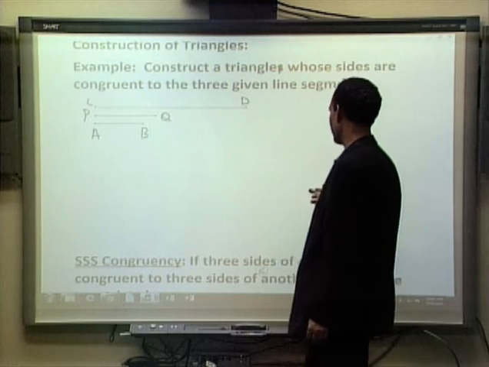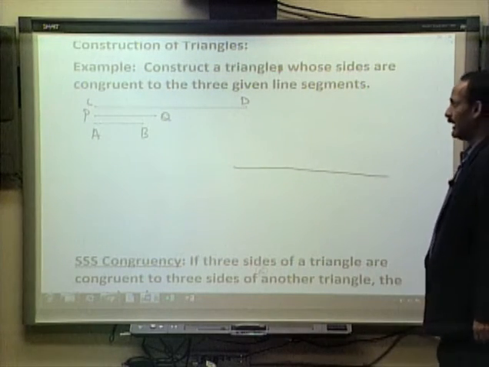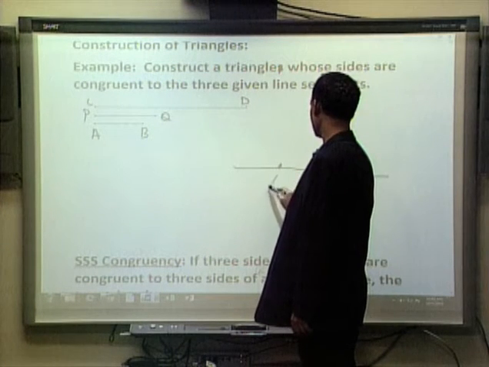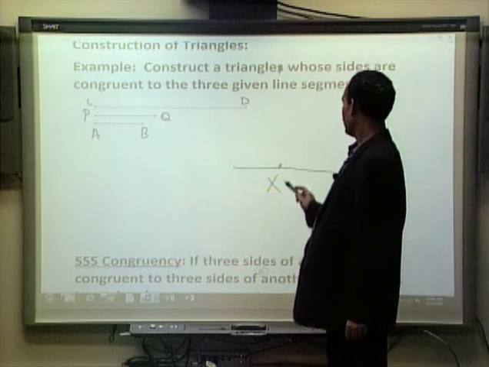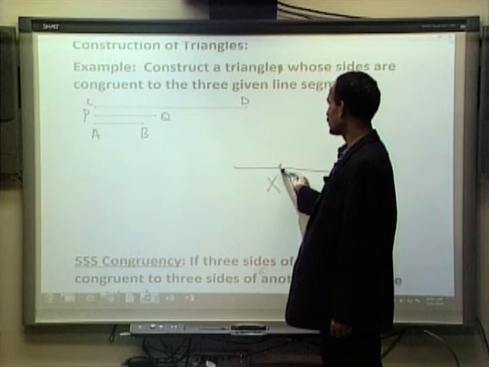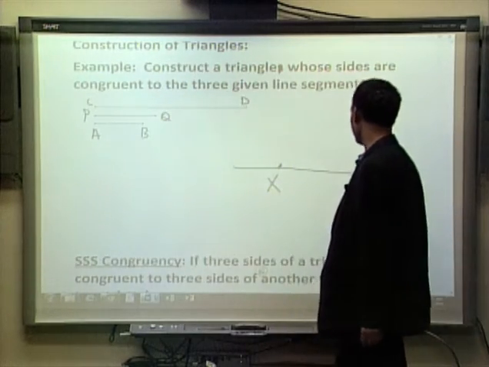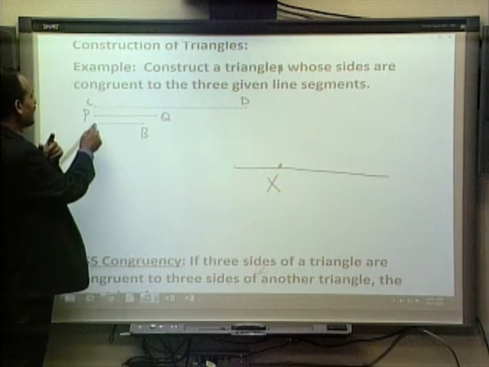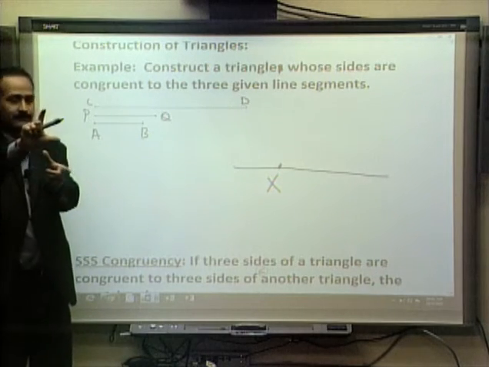We draw a long line and label a point. Let us say this point is X. Now, from X, draw a line congruent to AB, or you can put one end of the compass at A and measure the length of AB using the compass.